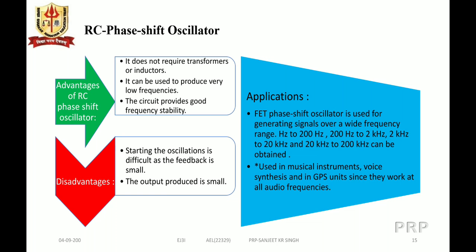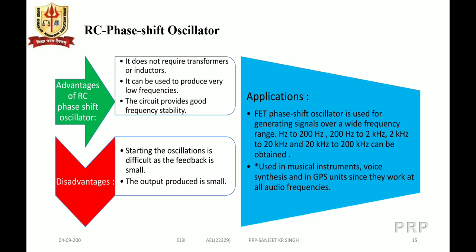It may depend upon the operating point of the active device, secondly upon the circuit components, thirdly on the output load, and fourth on the supply voltage. The frequency stability of an oscillator is also dependent upon inter-element capacitances and stray capacitances.